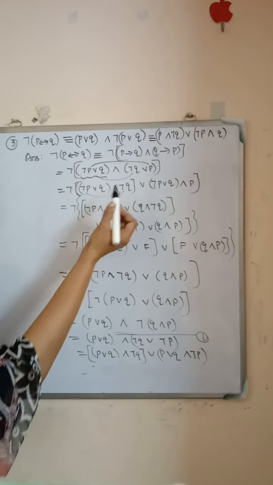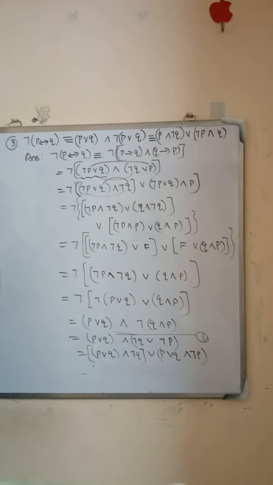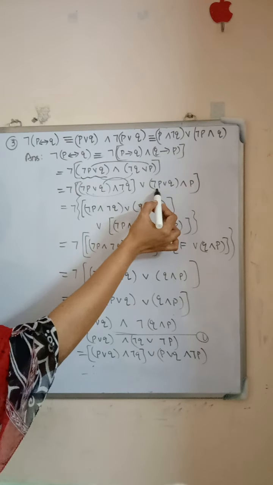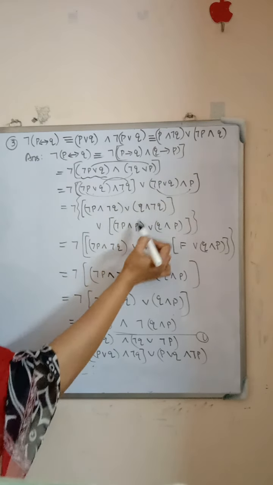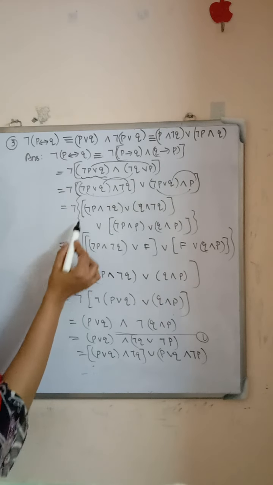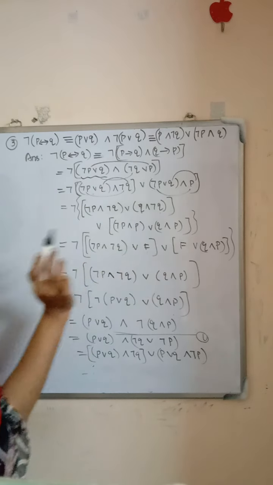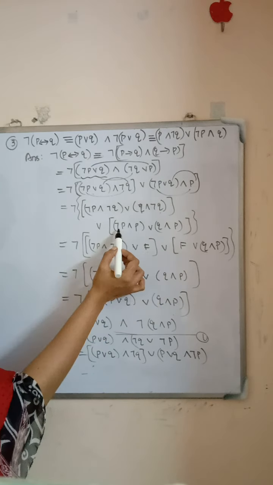Negation P and negation Q, or Q and negation Q. Here also we apply the distributive property. Negation P and P, Q and negation Q and P. That is negation of negation P and negation Q, or Q and negation Q is false, or negation P and P is also false, or Q and P.